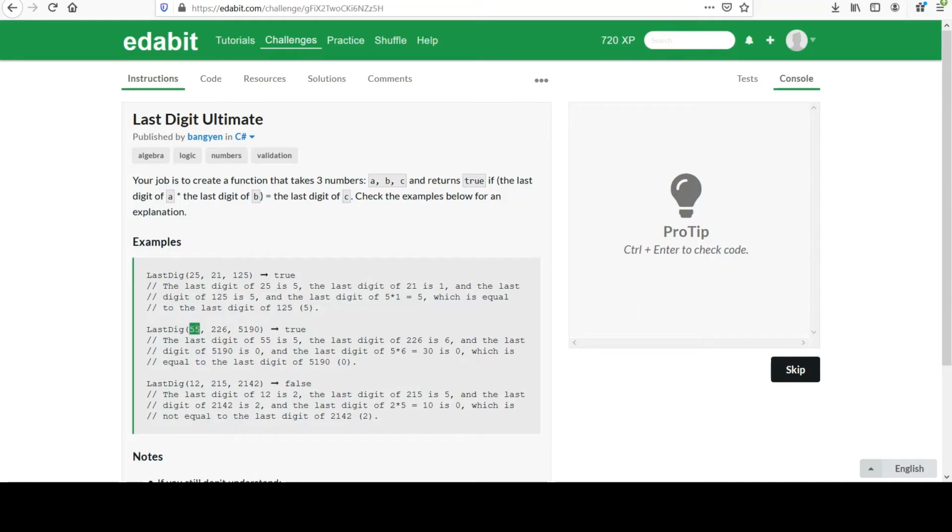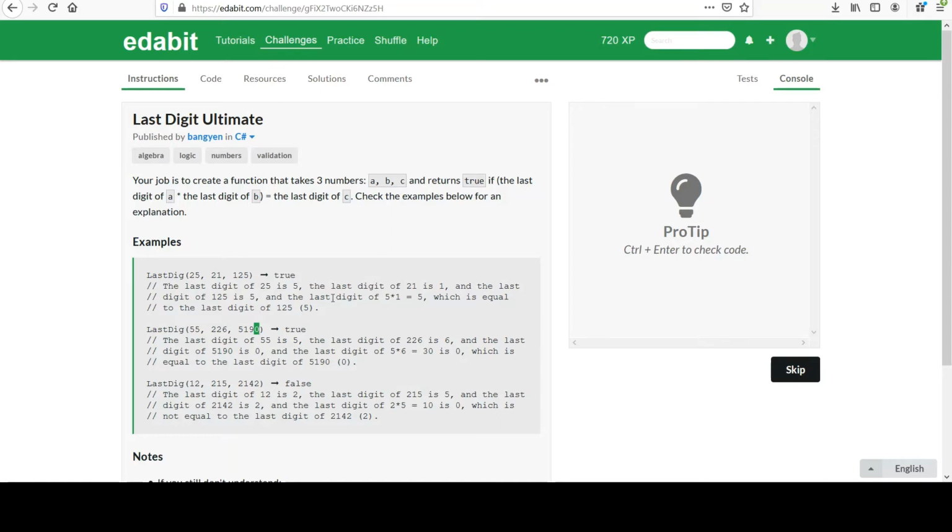You're going to take the trailing 5 off of 55, you're going to take the 6 off of 226, and you're going to multiply those together. 5 by 6 is 30. But you actually need to take the last digit of the product as well, which is the part that they omitted. So you come up with 0, and you compare that to the last number in the third argument, which is also a 0, and so you get true.